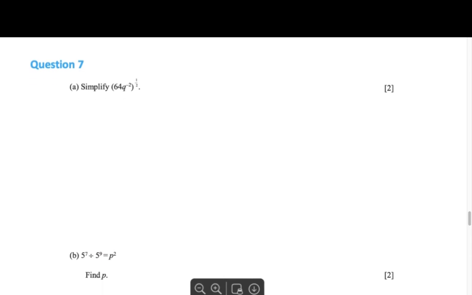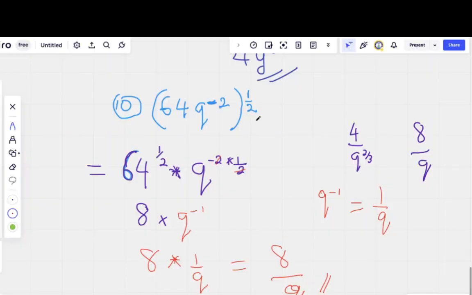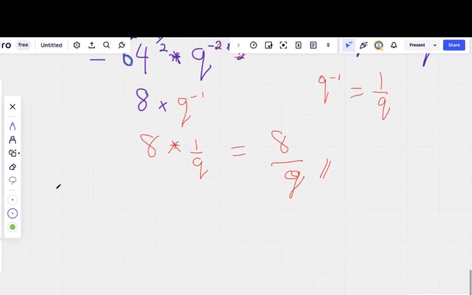Okay, let's see another question. I know you're tired, but let's just also finish. Now let's take a look at this. 5 to the power of 7 divided by 5 to the power of 9 equals p to the power of 2. This one has similarity with the one we solved today. Do you want to try this? No? You want me to try? We already did it.